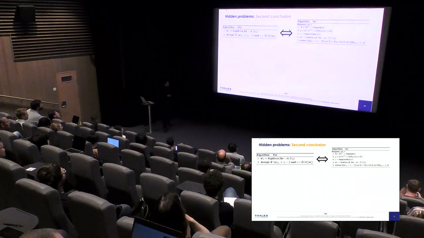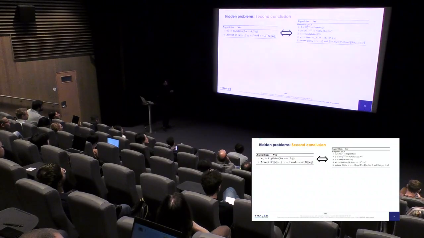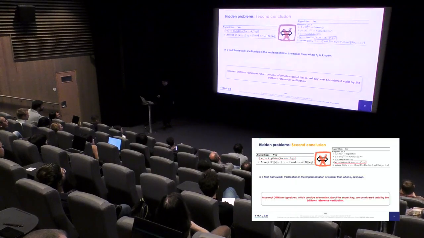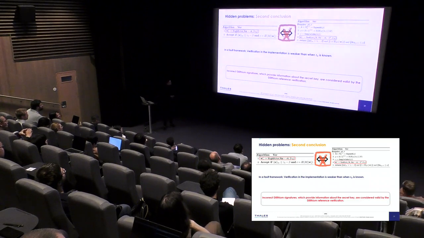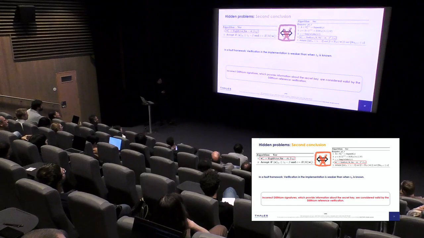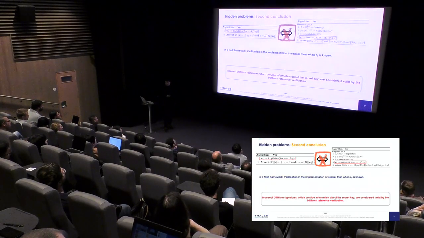So finally, a second conclusion that perhaps is more important than the first one is that we show that the two verification algorithms of Dilithium are no longer equivalent in a fault framework. Because if I take the Dilithium reference implementation and remove the second test, it will produce incorrect signatures that leak part of the secret key, and that will be accepted by the reference verification algorithm of Dilithium.